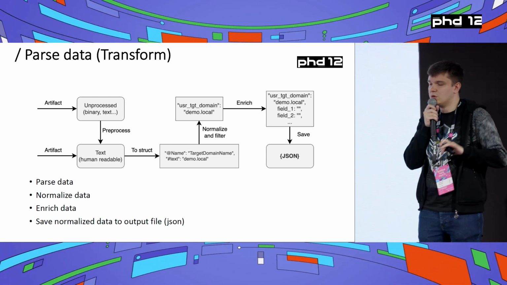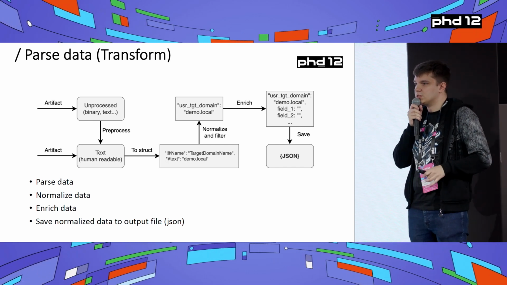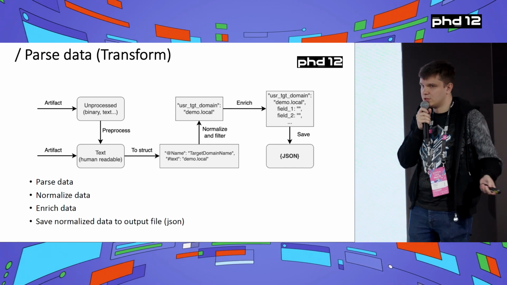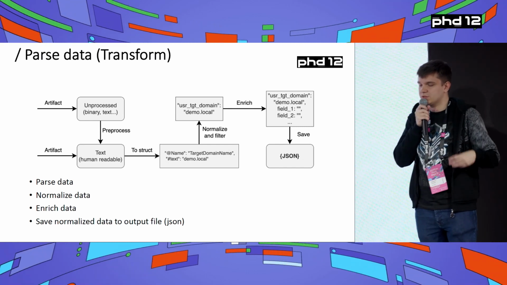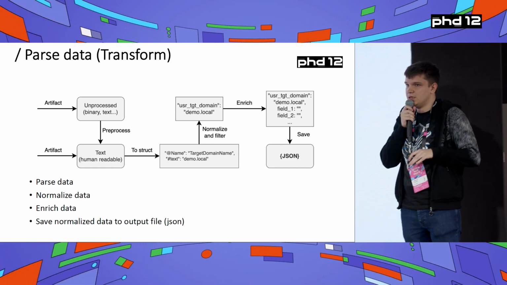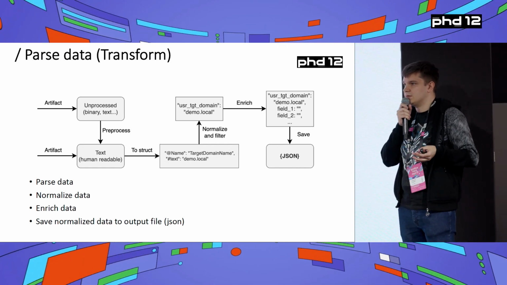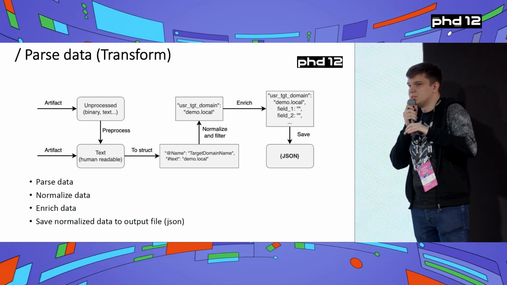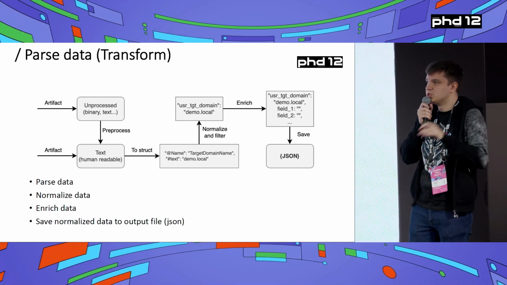Another issue is these artifacts can be missing information about the host and operating system or any other context. This is really important for processing manually or using some correlation rules.